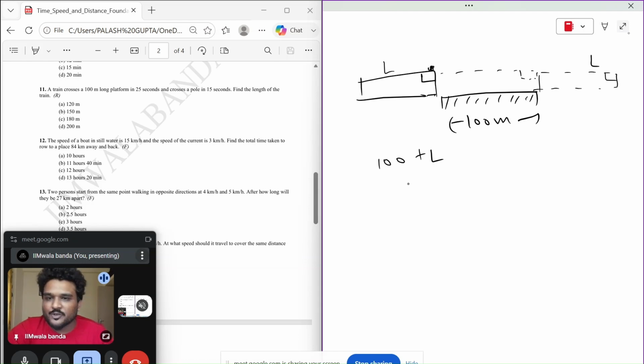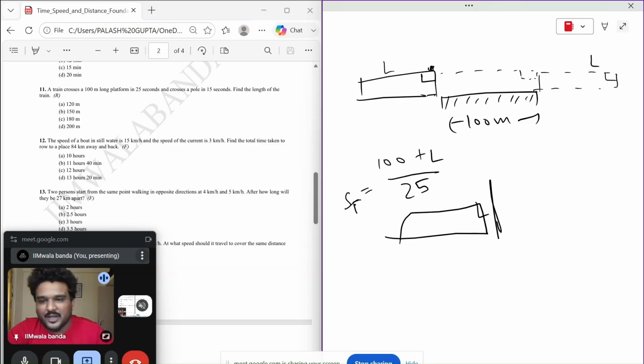So I'm assuming the train's length to be L. So it is 100 plus L, and it is doing it in 25 seconds, meter per second. So this is basically speed of train from the first information. And it crosses a pole in 15 seconds. So again, the same train is crossing a pole in 15 seconds.